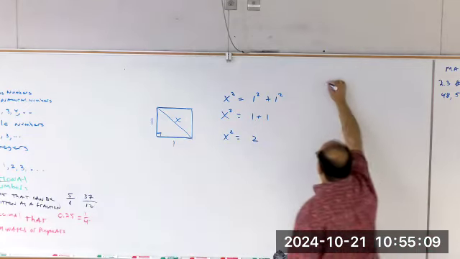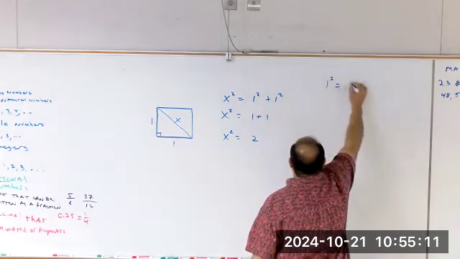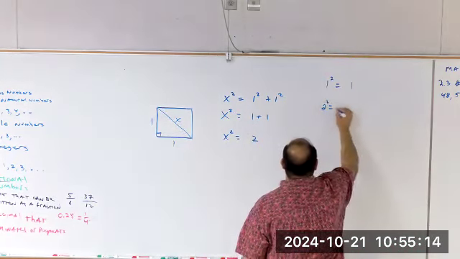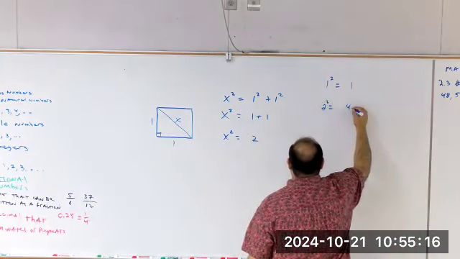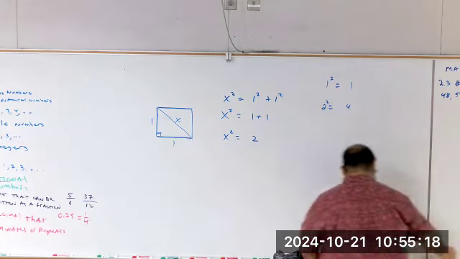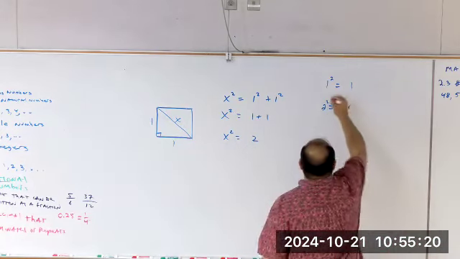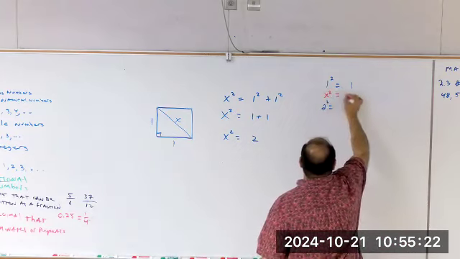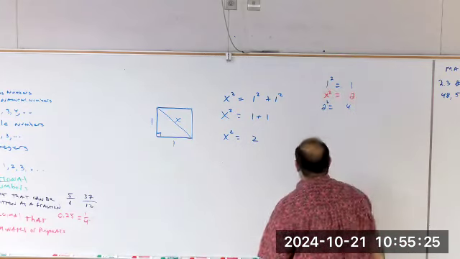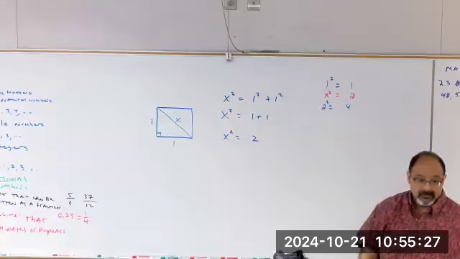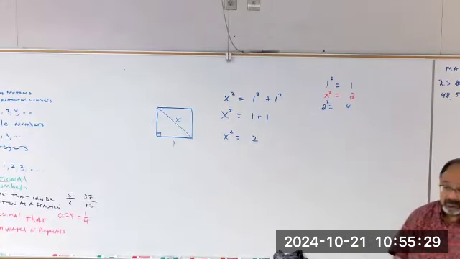Now we know 1 to the second power is 1, and we know 2 to the second power is 4. So we missed out on something. Something to the second power is equal to 2 here inside, because it's got to be in between a 1 and a 4.